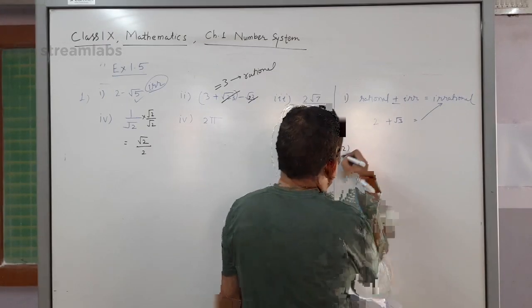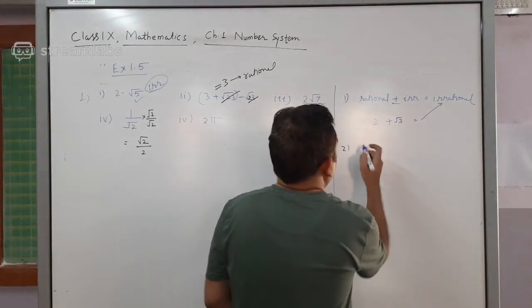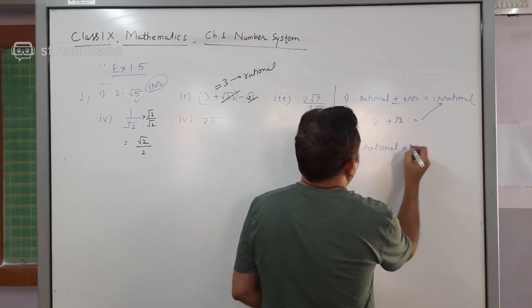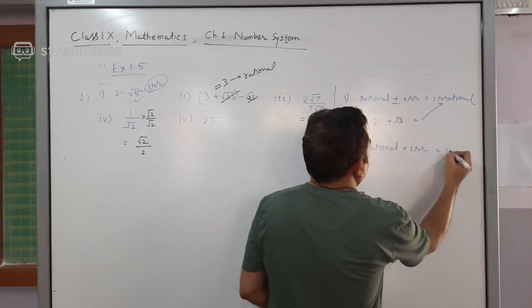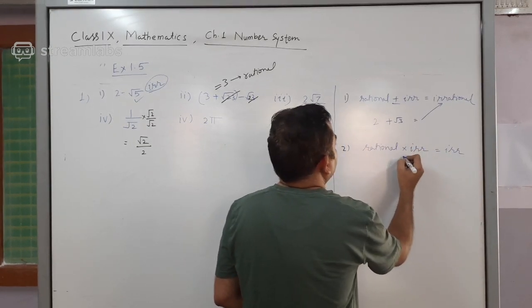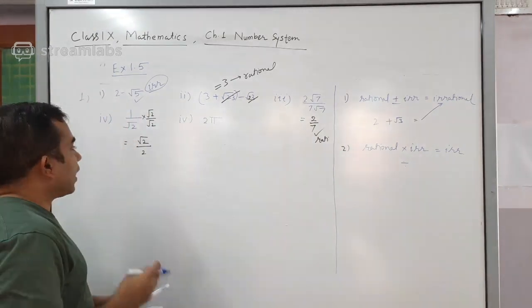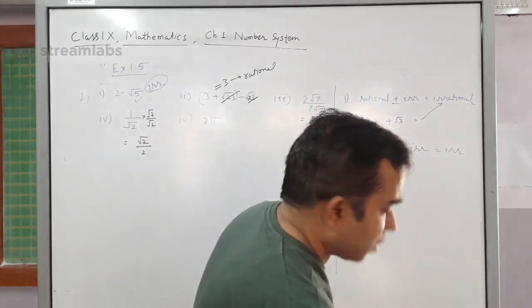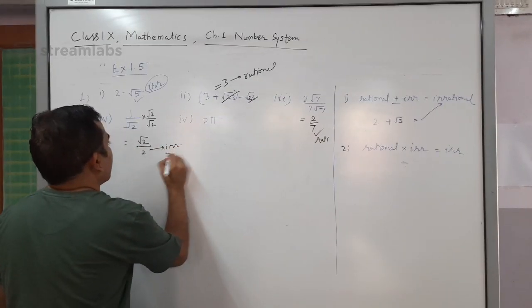When you take any rational and you multiply any irrational, that will become irrational. Or even this is valid for division also. So here root 2 is irrational and half is rational, and you multiply them together, then this will become irrational.